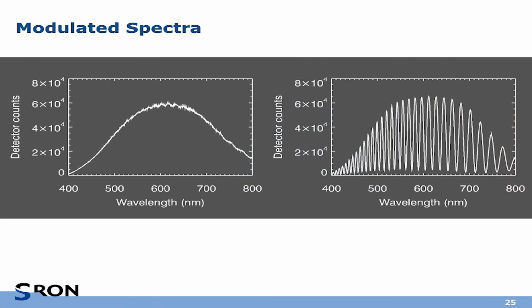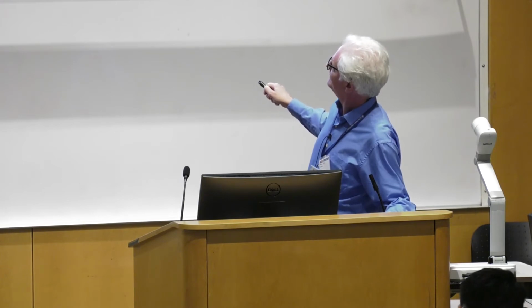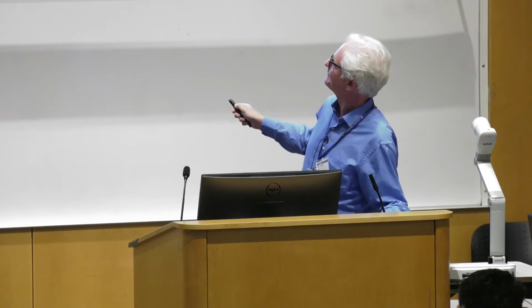So here it is again. This is just showing detector counts and wavelength. And depending, so this is a very strongly polarized scene. This is quite weakly polarized. And the depth of the modulation is determined by the amount of polarization.